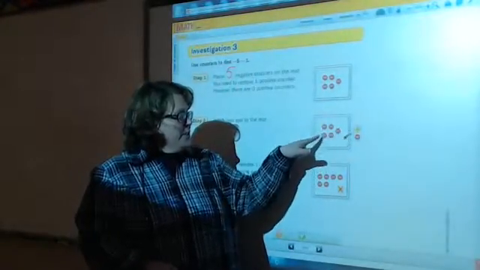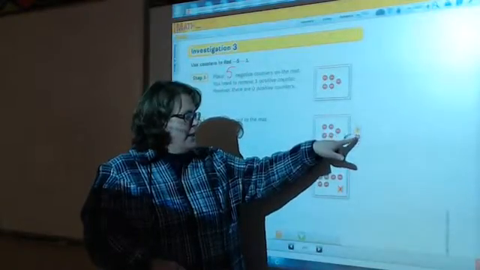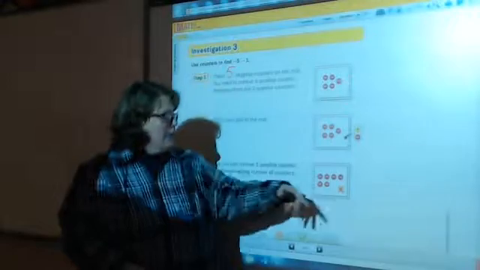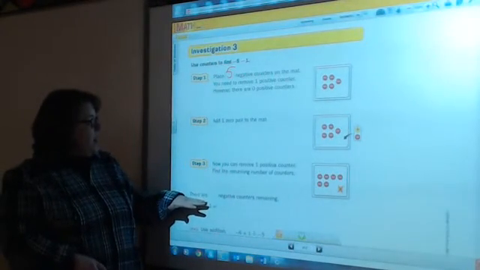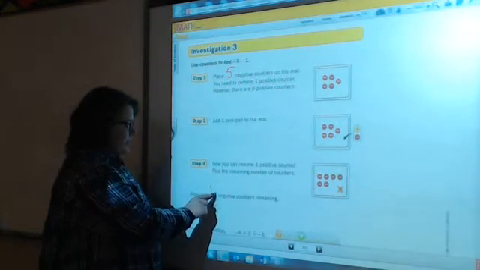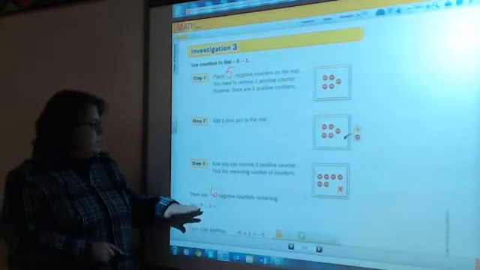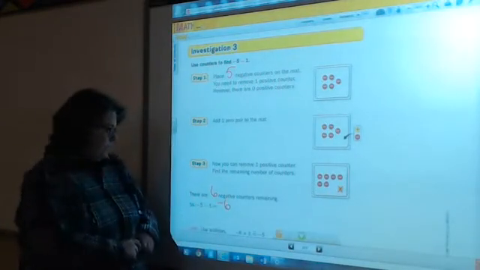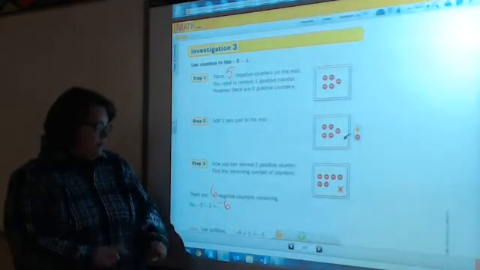So you put a 1 0 pair on your mat, a plus 1 and a negative 1, and then you can take away that 1 positive counter. Okay? So how many negative counters are left? 6 negative counters remaining. So a negative 5 minus 1 is a negative 6. Okay?